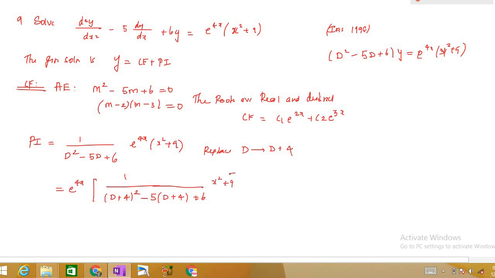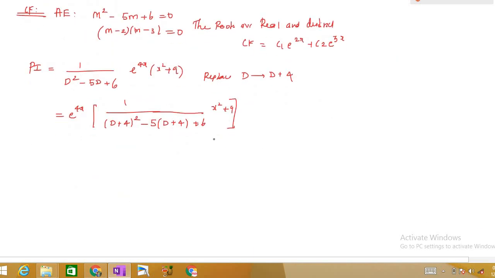Now we have to apply type 3 here, right? Type 3 is when the RHS is of the form x power n, that is a polynomial in x. First we will simplify the denominator and then we will apply type 3. So a square plus 2ab plus b square, minus 5d minus 20 plus 6, of x square plus 9.